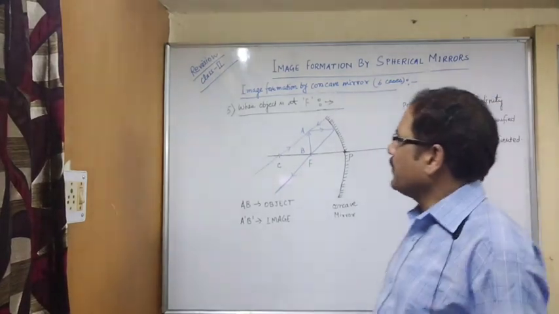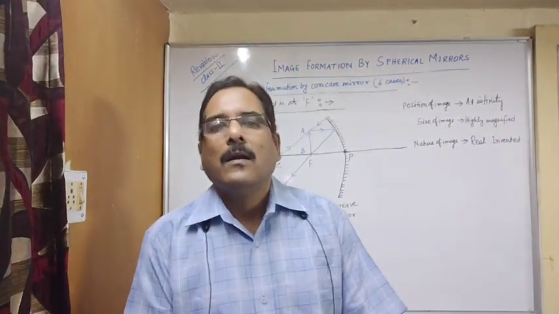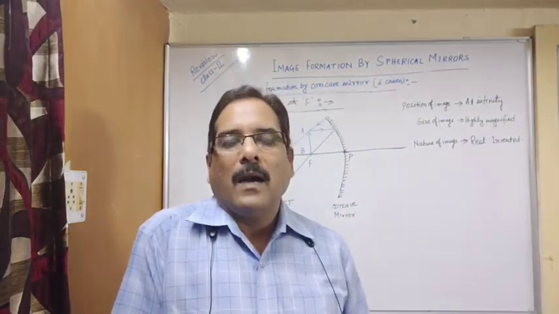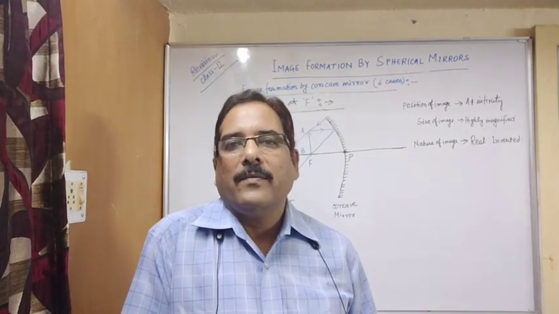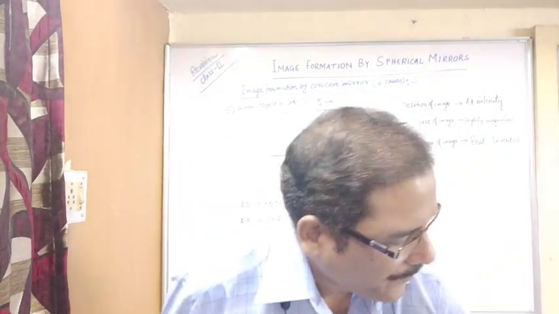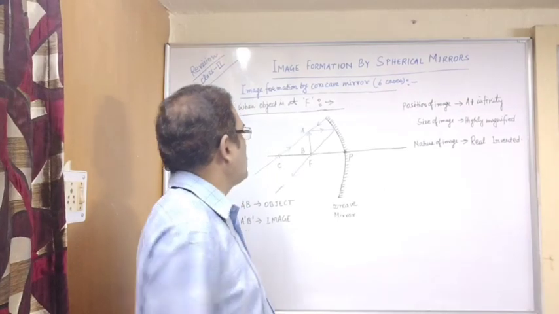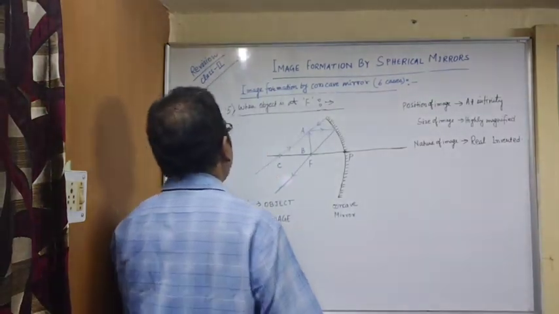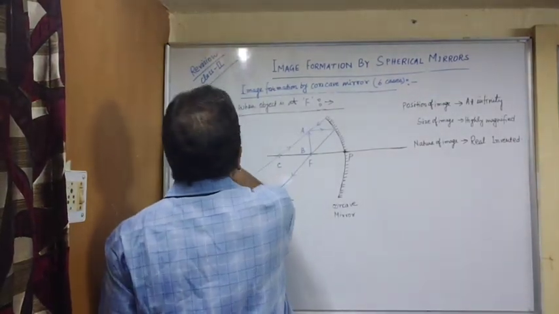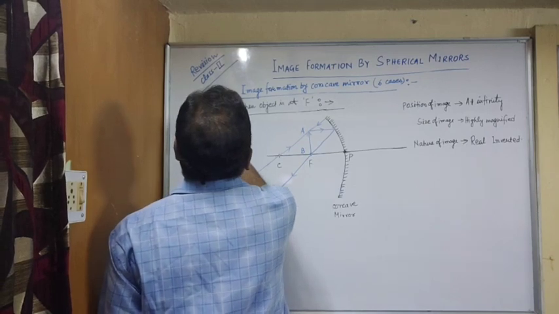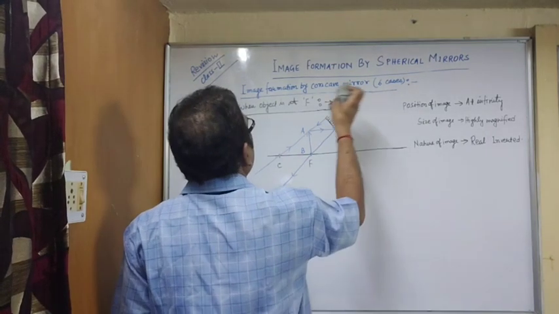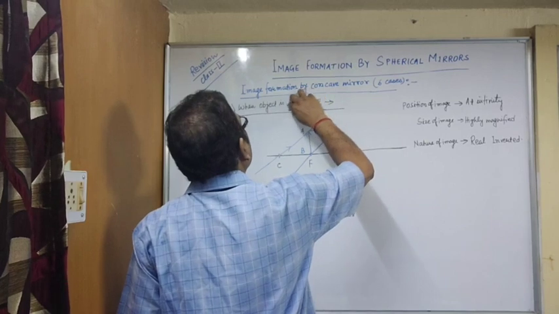Highly magnified image. And now we will discuss the last case, which is a very important case, when object is placed between pole and principal focus of a concave mirror.